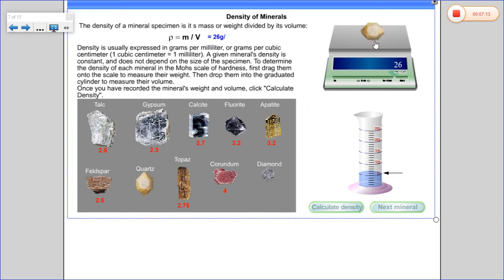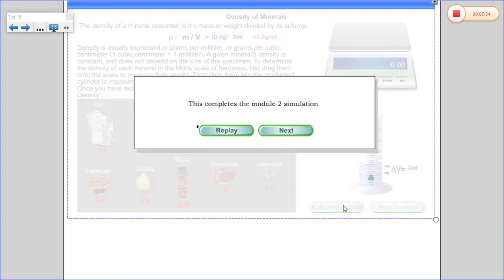The quartz, 26 grams, 10 milliliter, it is 2.6 gram per centimeter cube. The diamond is 10.5 grams and the volume is 3 milliliter, so its density is 3.5 gram per centimeter cube.